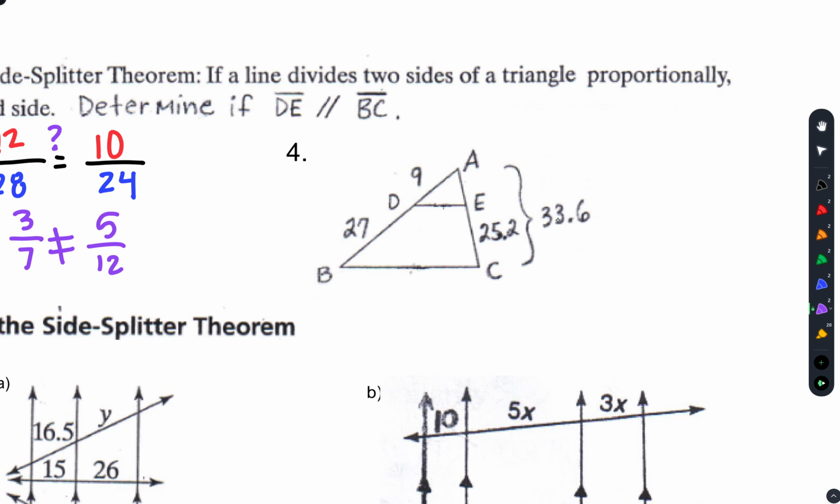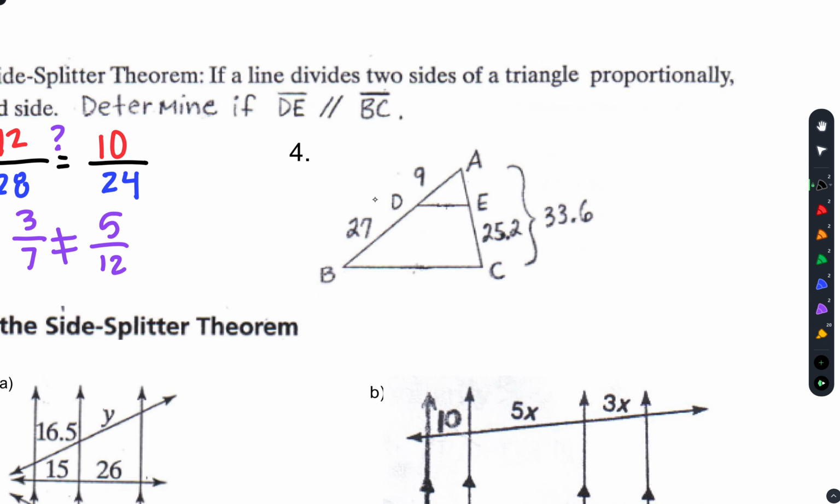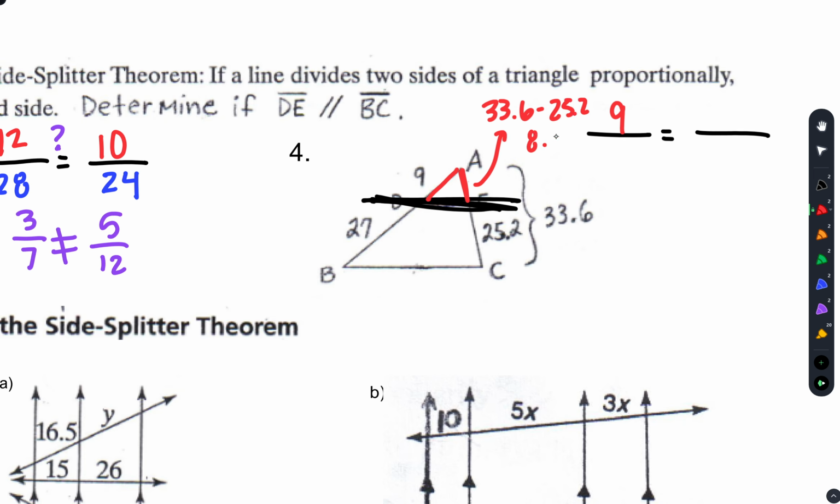So let's try it again with number 4. We're trying to test if DE actually is the side splitter or not. So I'm going to write this down, 9. This little sliver here, remember we got to do a little bit of subtraction. 33.6 minus 25.2 gives me 8.4. And then this guy, 27, and 25.2. 9 over 27 is nice.